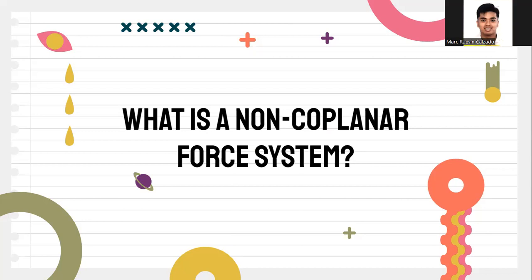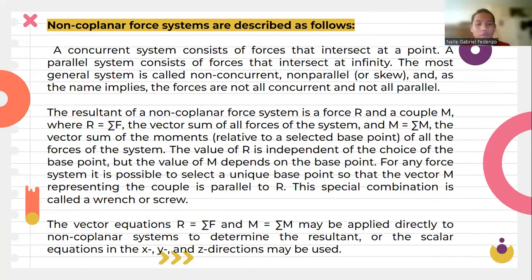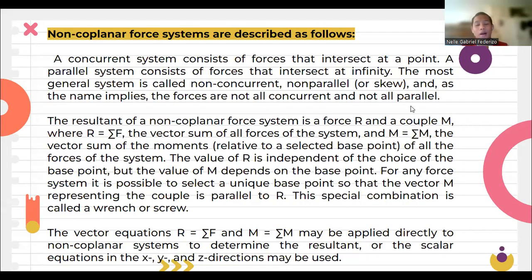What is a non-coplanar force system? A concurrent system consists of forces that intersect at a point. A parallel system consists of forces that intersect at infinity. The most general system is called non-concurrent, non-parallel, and as the name implies, the forces are not all concurrent and not all parallel.